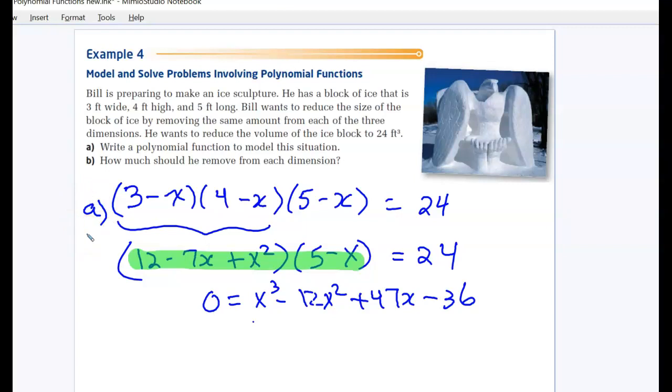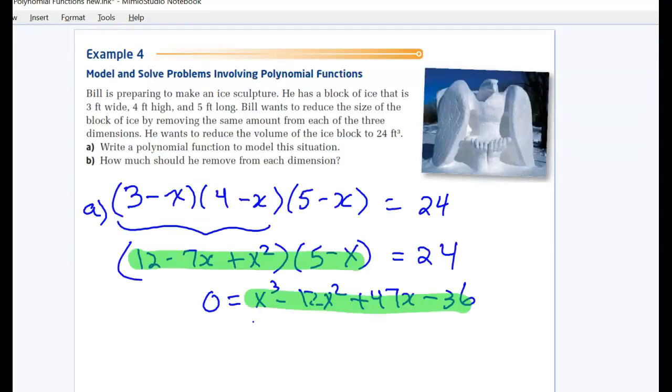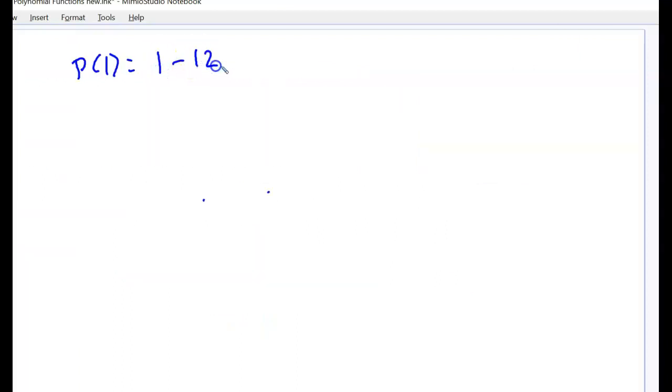Question B says, how much should he remove from each dimension? So now we're going to factor this polynomial to see what x should be. And to factor that, we are going to use the factor theorem. So I'm going to try putting 1 into the original polynomial. If I do, I get 1 minus 12 plus 47 minus 36, which equals 0.